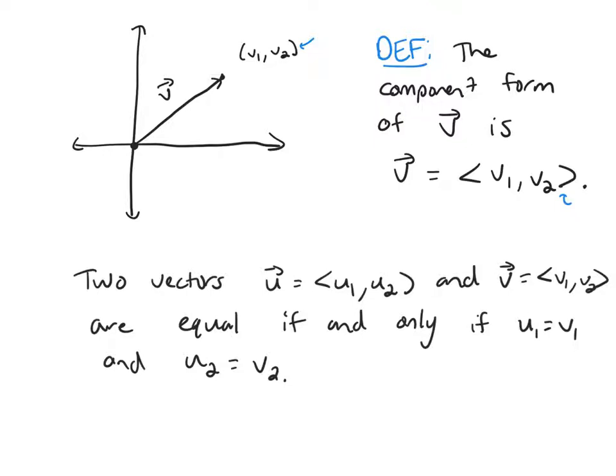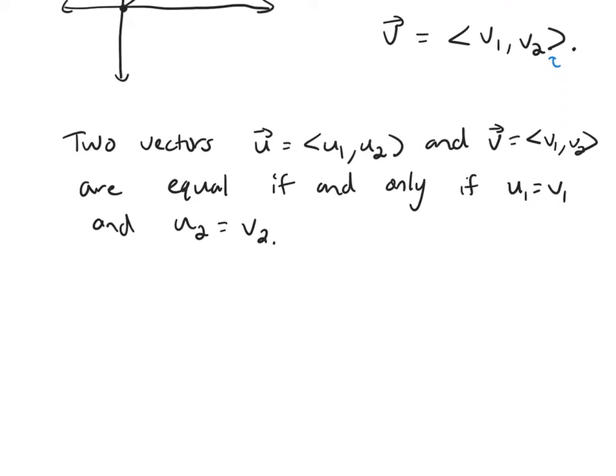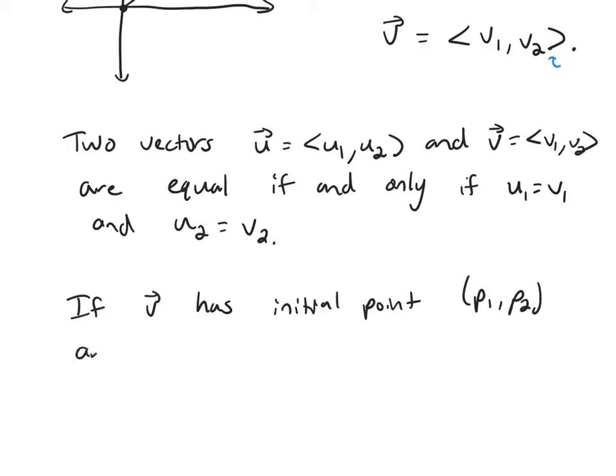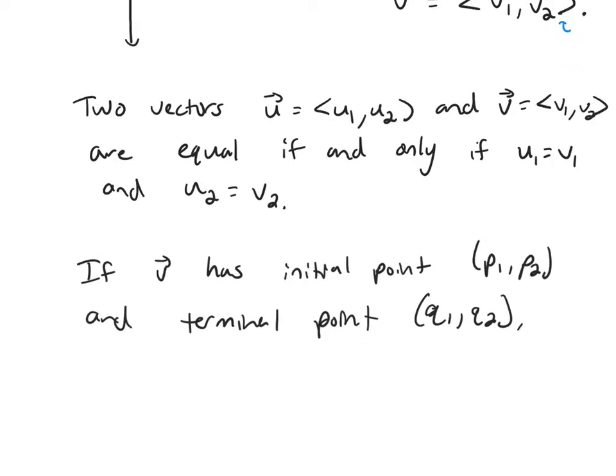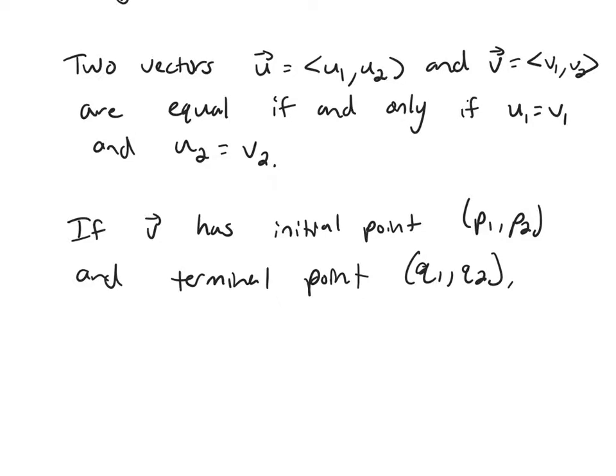Well, what if your vector does not start at the origin? So let's say I have a vector v. If v has some initial point, so I'm going to call its initial point P1, P2, and it has terminal point Q1, Q2, it's really easy to write this vector v with component form.